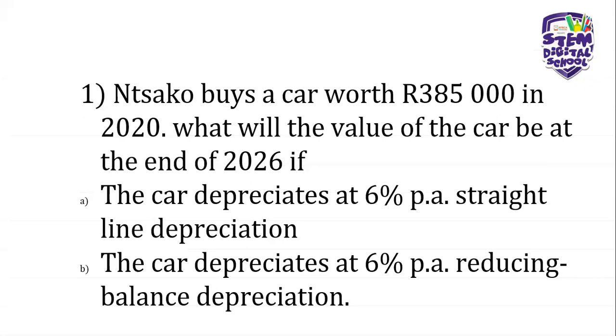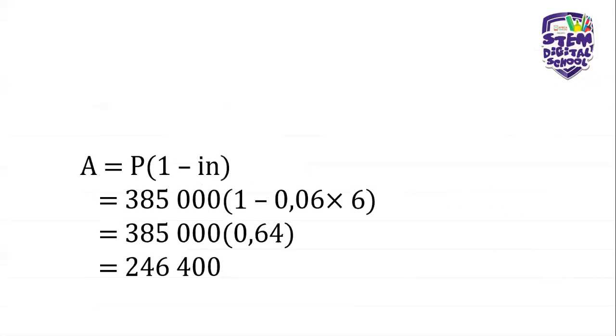Now, we are going to continue just to demonstrate that when you use any simple interest formula, the given information there will be your P, as well as the interest, which is at 6% per annum, and of course the number of years, which is 6 years.